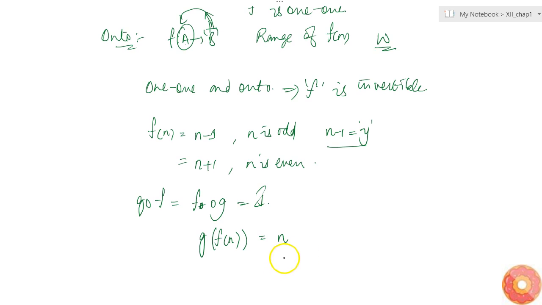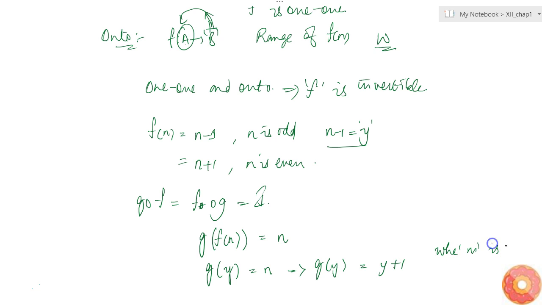So if n is odd, then g of y is equal to n, which implies g of y is equal to y plus 1 when n is odd.